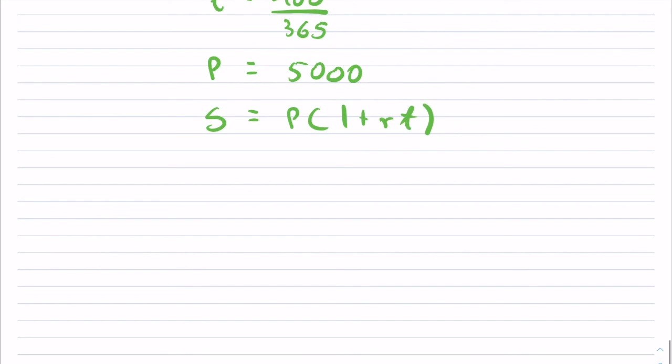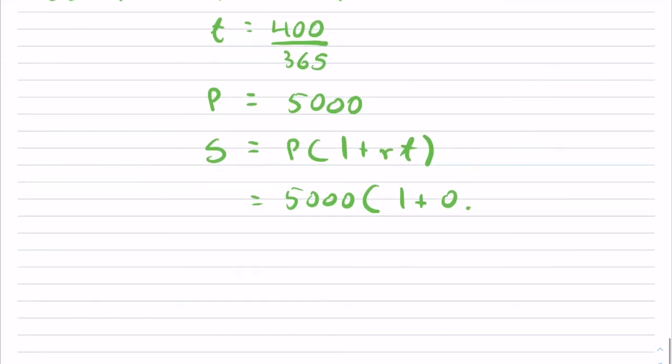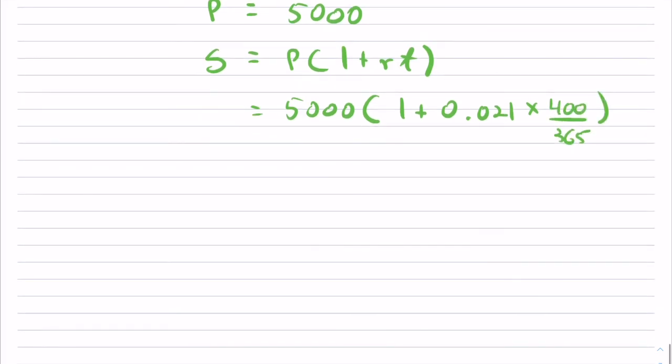So I can plug all of this in. 5,000 times 1 plus 0.021 multiplied by 400 over 365. And now we can just punch this into our calculator.